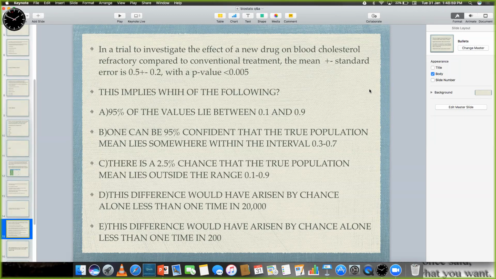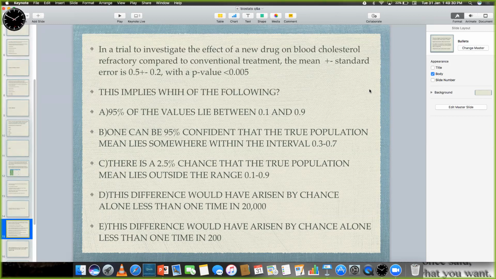If it's not falling in the 99% confidence interval, it's outside of that, so it must have happened by chance alone. So how much is that chance? The chance is p less than 0.005. This is the random chance that all this has happened.